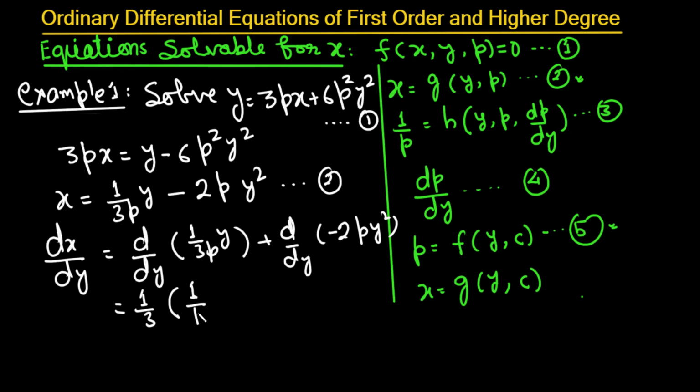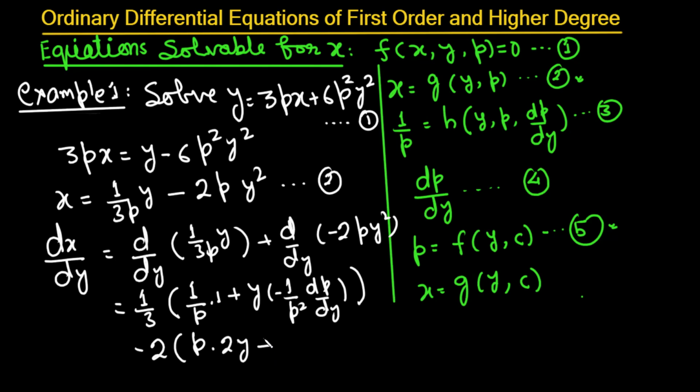First function 1 over p as it is, derivative of y with respect to y is 1, plus y as it is, and the derivative of 1 over p with respect to y will be minus 1 over p square dp over dy. Now for the second term, minus 2 comes outside. We have first function p as it is, derivative of y square with respect to y will be 2y, plus y square as it is, and the derivative of p with respect to y will be dp over dy.